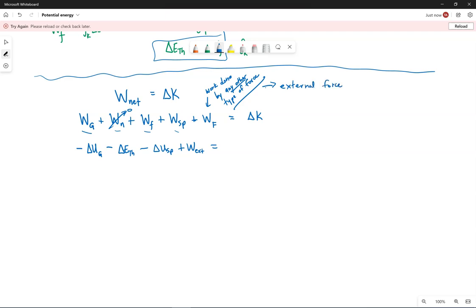It could be a tension, it could be some sort of push or pull, but we cannot account for those in terms of thermal energy or potential energy. So we're just calling it work external. So this has to equal our change in kinetic energy, which, as it's written right now, doesn't look terribly exciting.